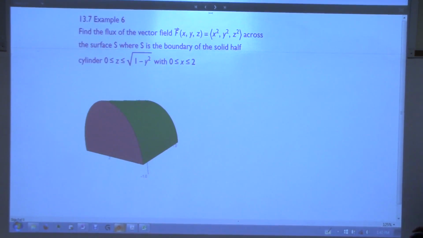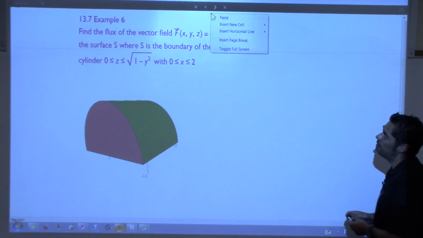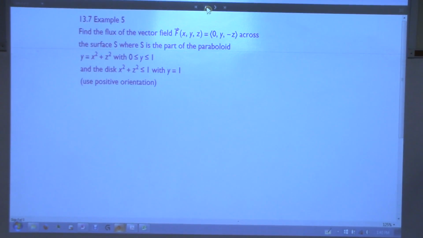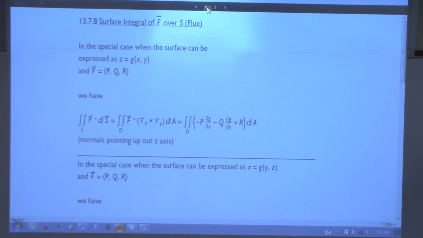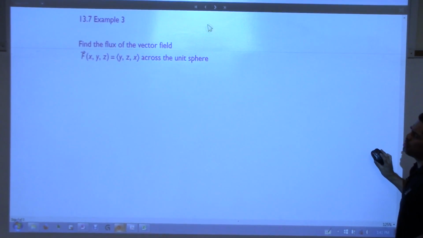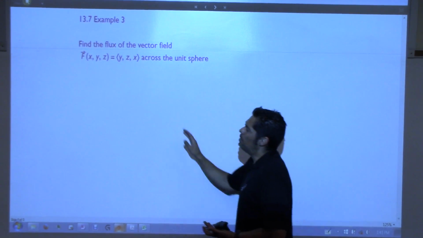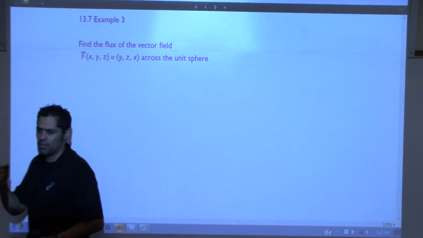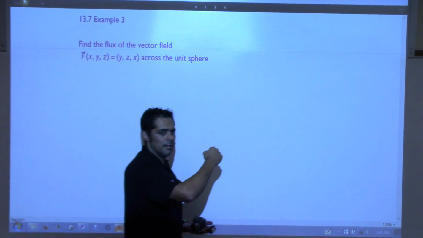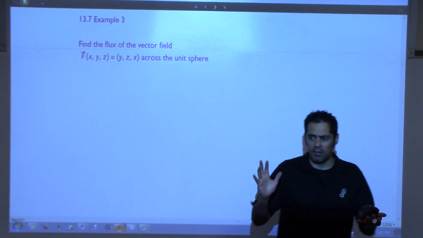What I hope you've seen in these last examples is, if I look at the first example, we did flux on this right here. And when we did this one, we just used the hardcore formula of F dot the cross product of the partials.